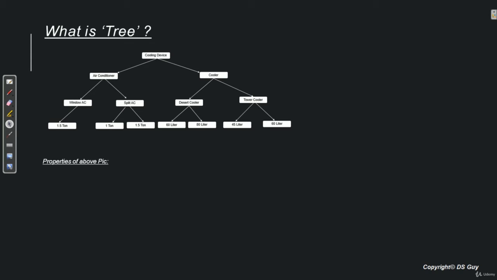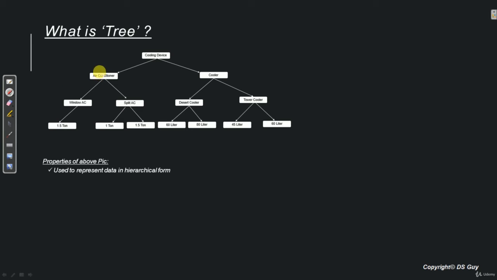Fine. Now let's see what are the properties or the common observations from the above diagram. So the first property is that the above diagram was used to represent data in a hierarchical form. What that means is, every time we come down a step, it is a more specialized form of its parent.